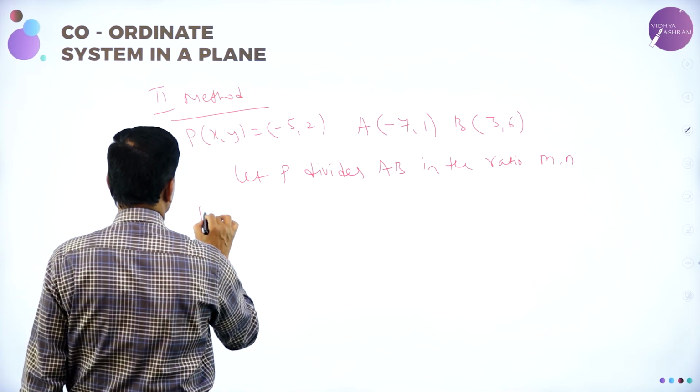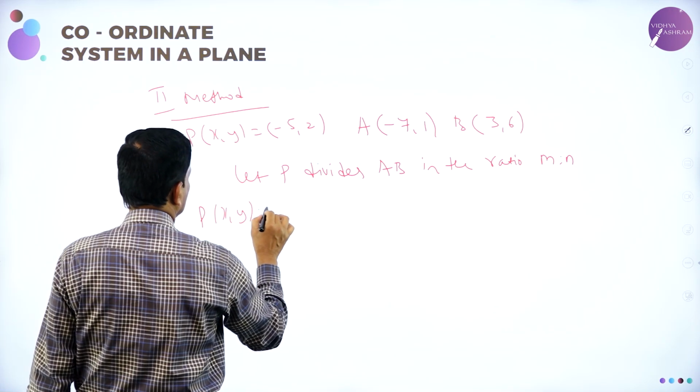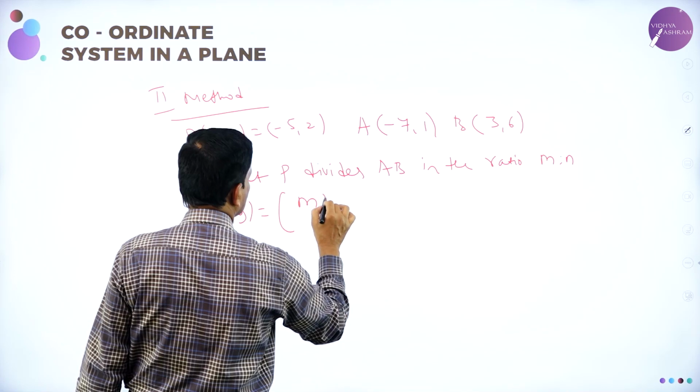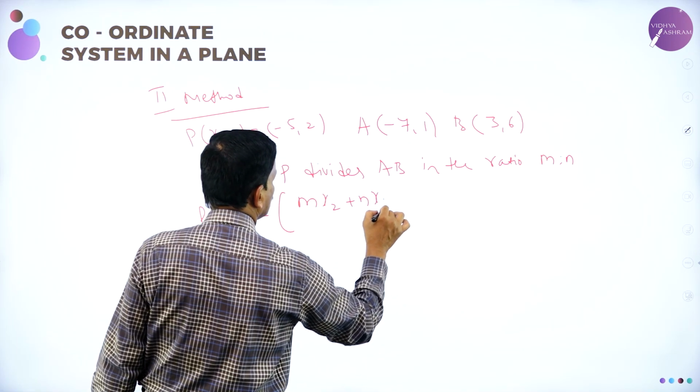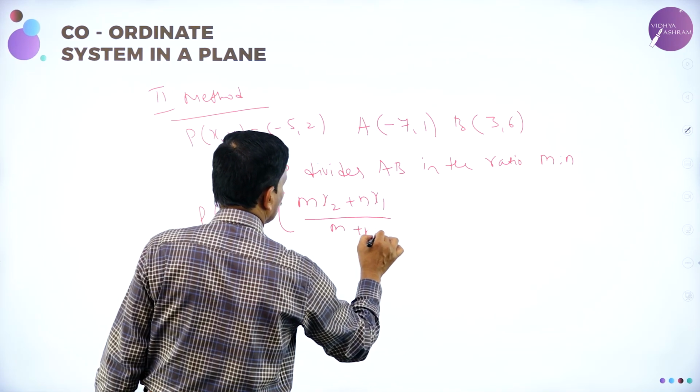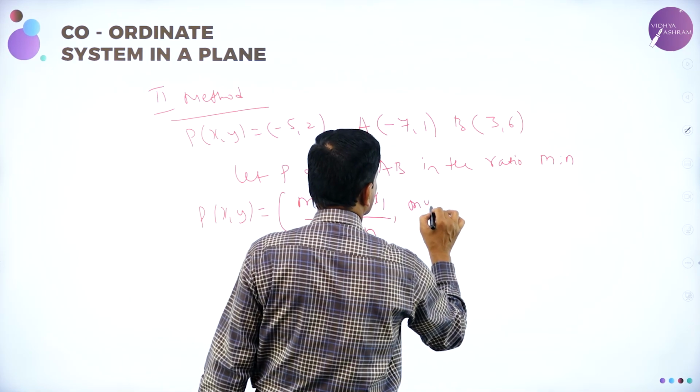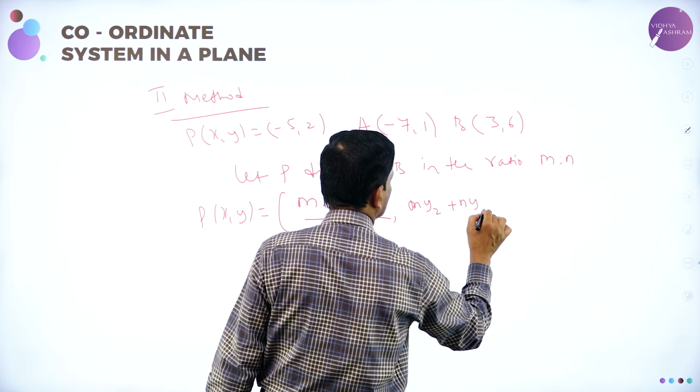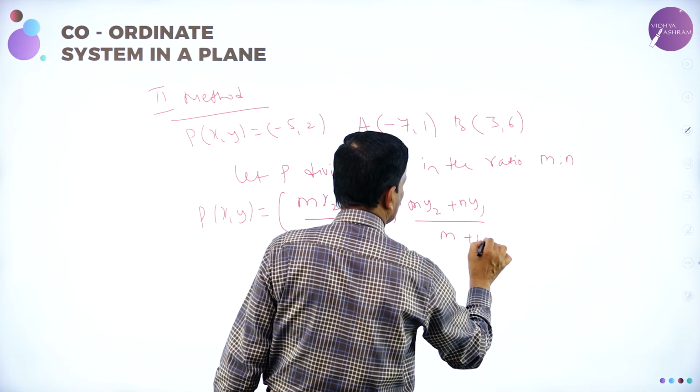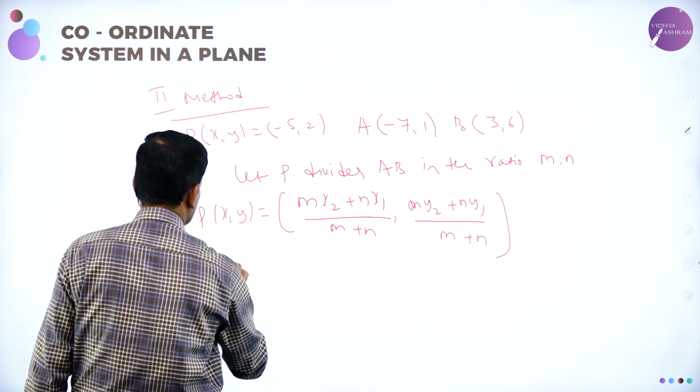Now, what is the formula for internal division? P(x, y) is equal to (mx2 + nx1)/(m + n), (my2 + ny1)/(m + n). Here (-5, 2) is given.